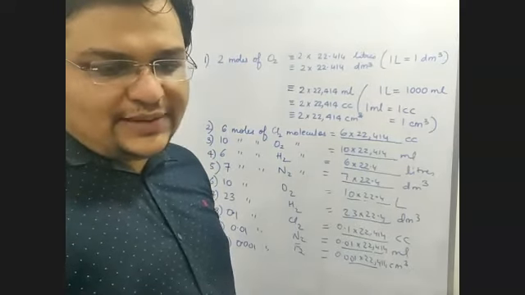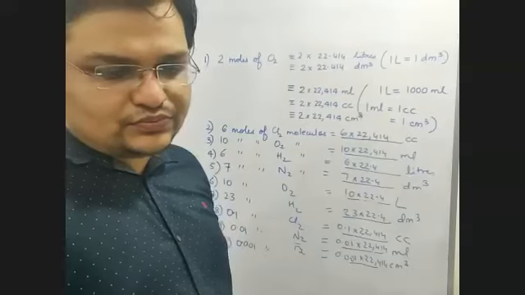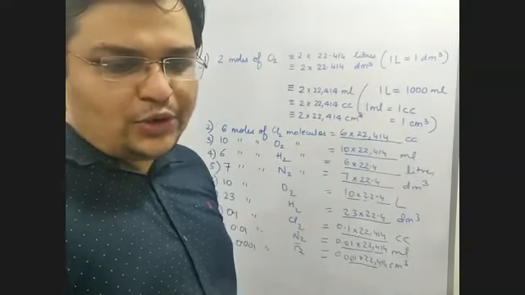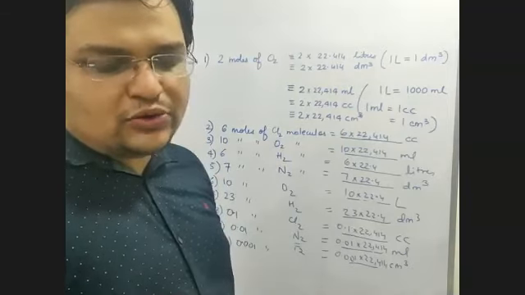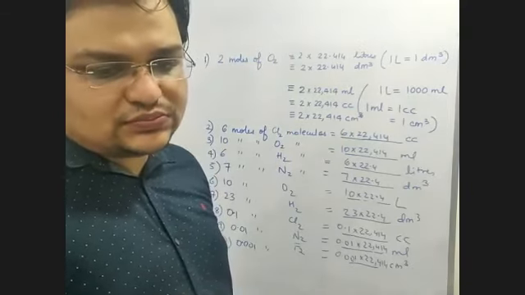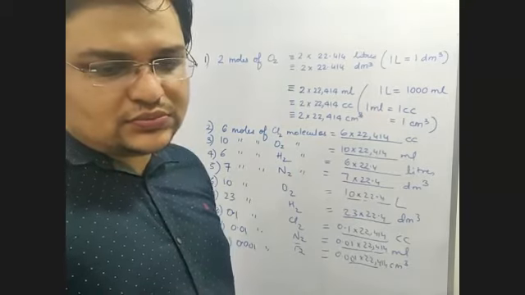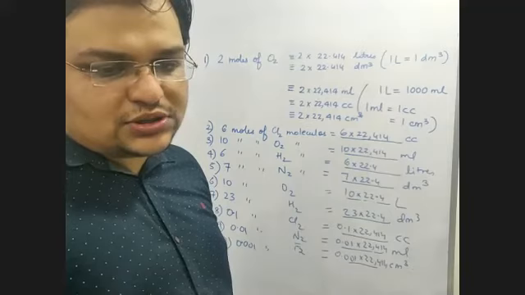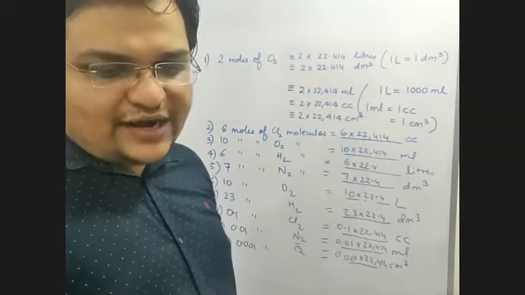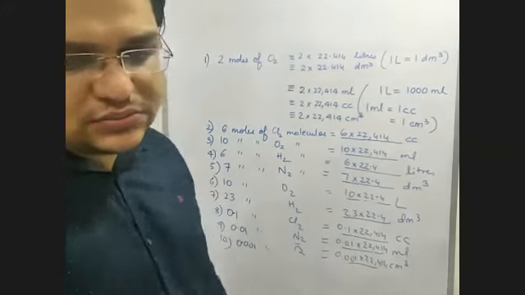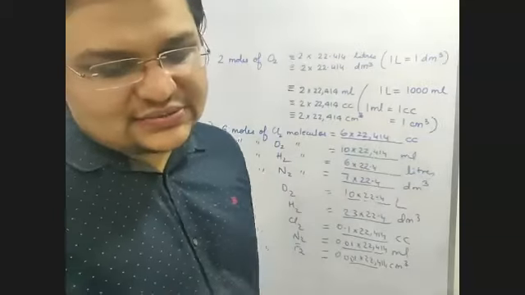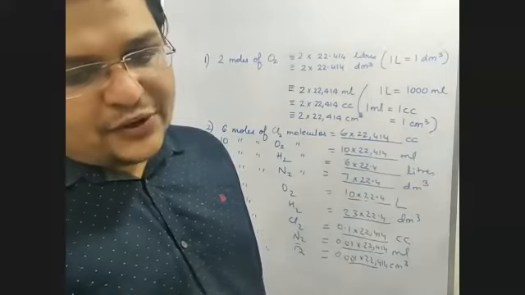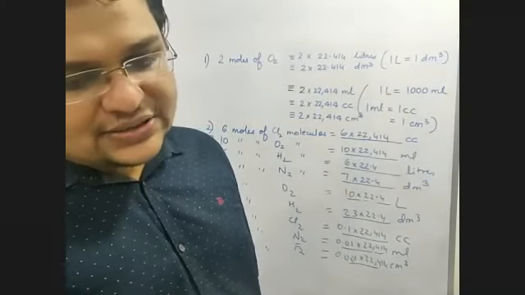Last type, right over there, type 6. Volume to moles. Divide by 22.414 if the volume is given in liters.